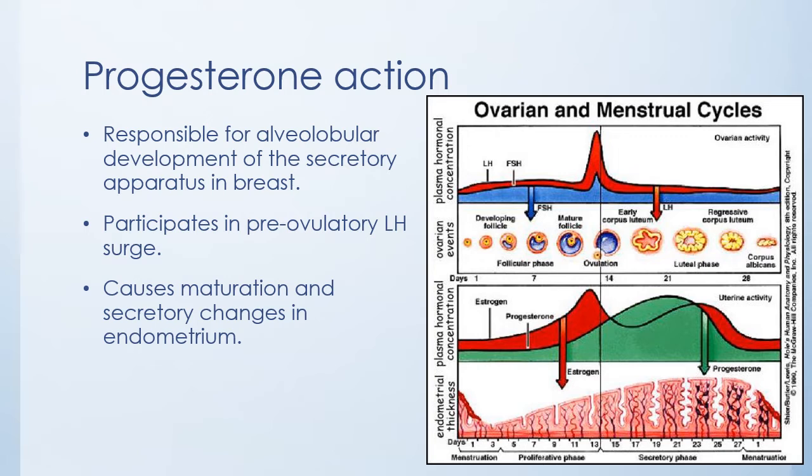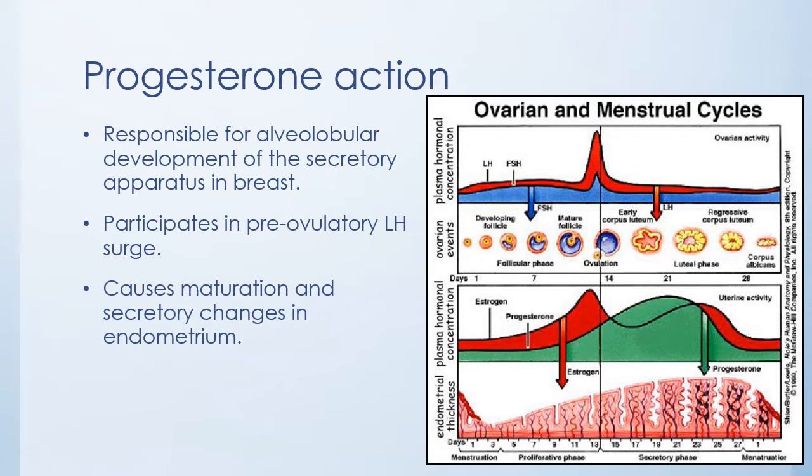It's responsible for alveolobular development of the secretory apparatus in the breast. And before that occurs, you first need to have the progesterone receptors deposited, and that is done by the estrogen. It participates in the pre-ovulatory LH surge, and it causes maturation and secretory changes in the endometrium.